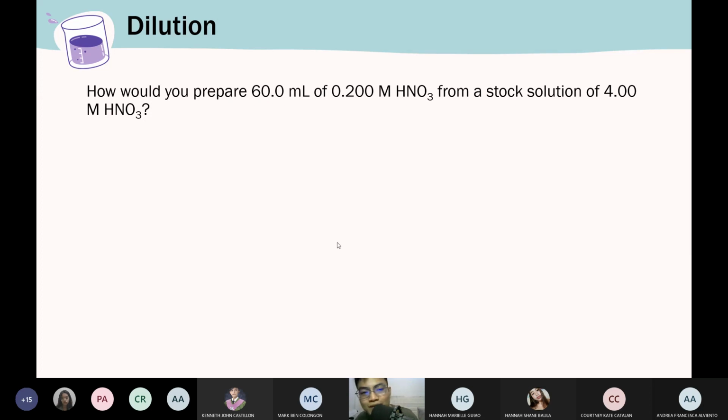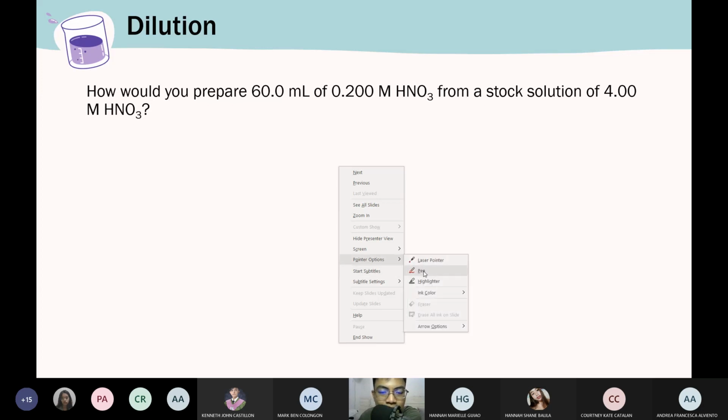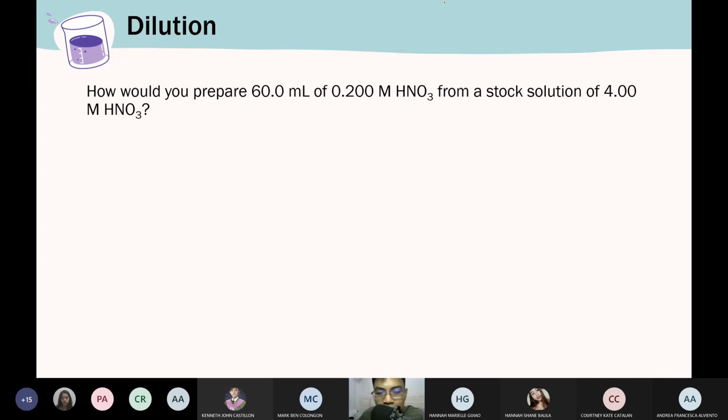So, how would you prepare 60 ml of 0.2 molar nitric acid from a stock solution of 4 molar nitric acid? Okay? So, kapag ganito, dilution yan. Bakit? Kasi, you are given two concentrations. Sabi, from.